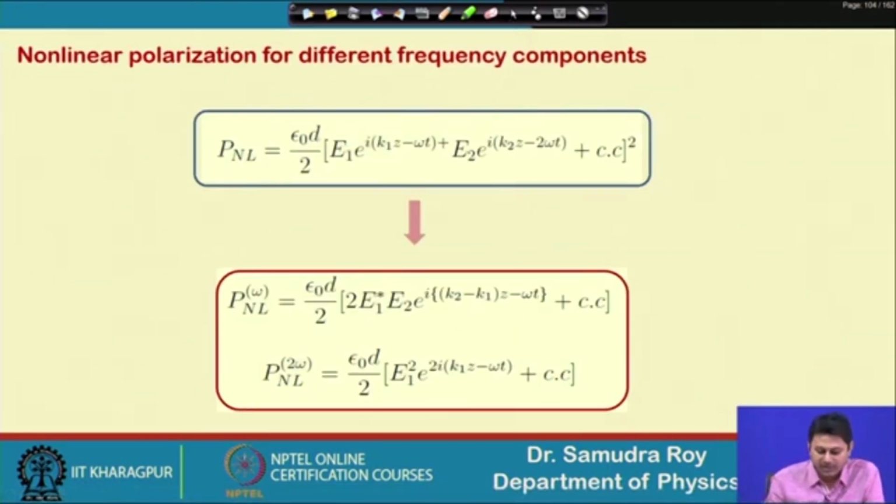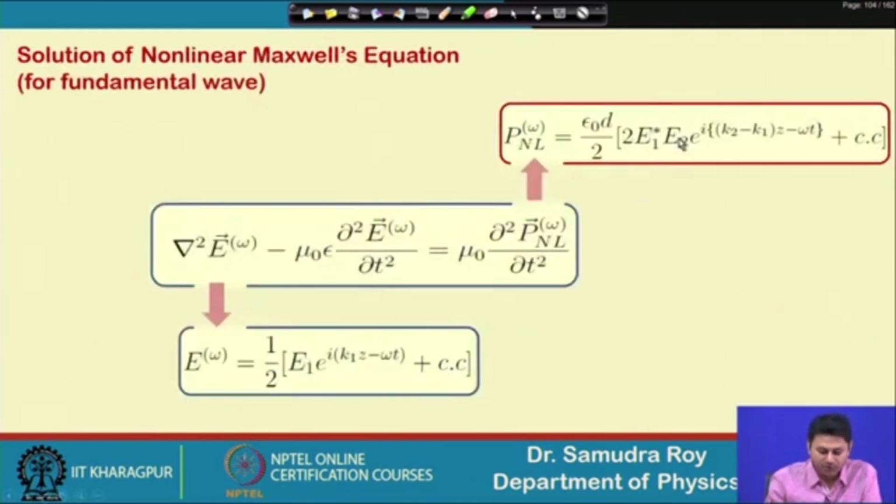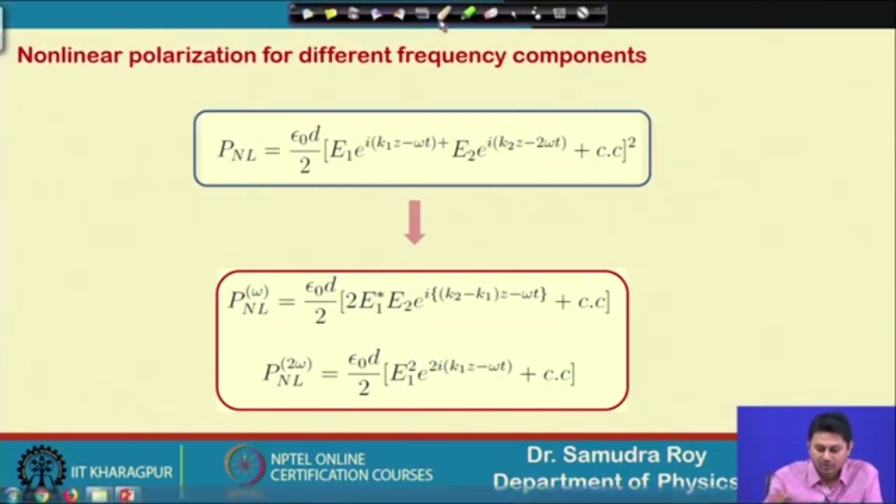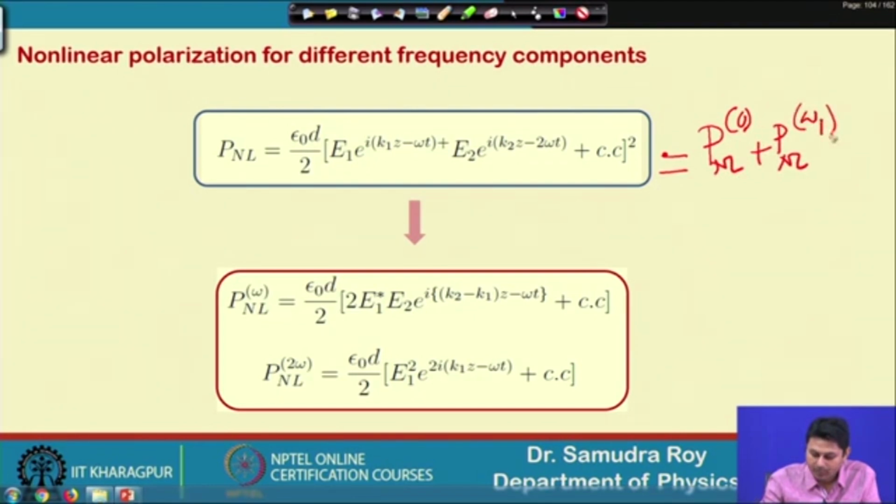Now we will try to find out what P nonlinear omega and P nonlinear 2 omega are, because when we do this entire calculation, it is for sure that I will have some components like P nonlinear 0 plus P nonlinear omega, plus P nonlinear 2 omega.